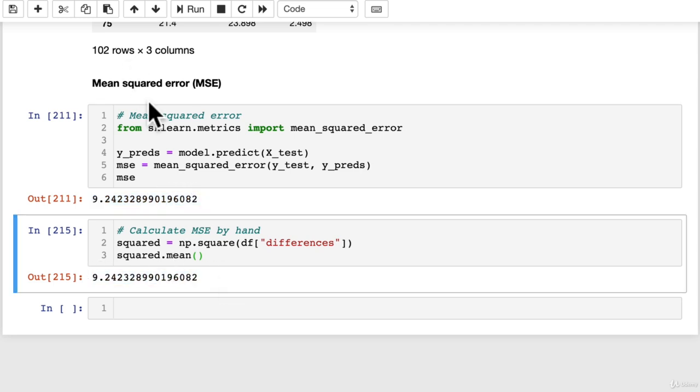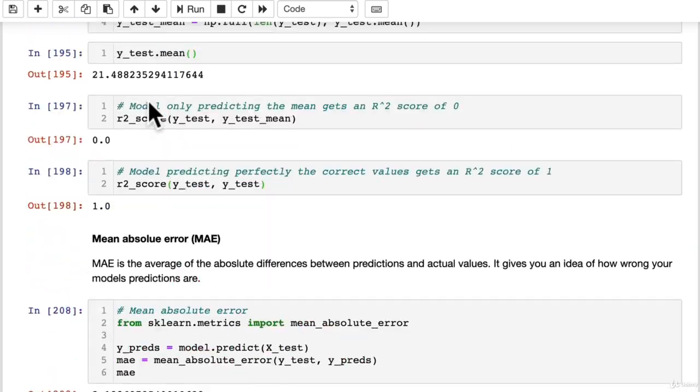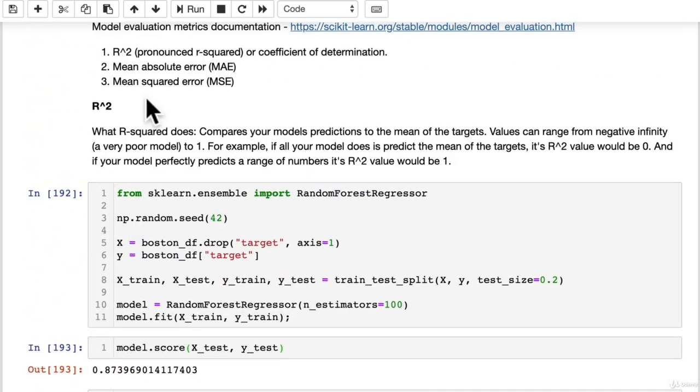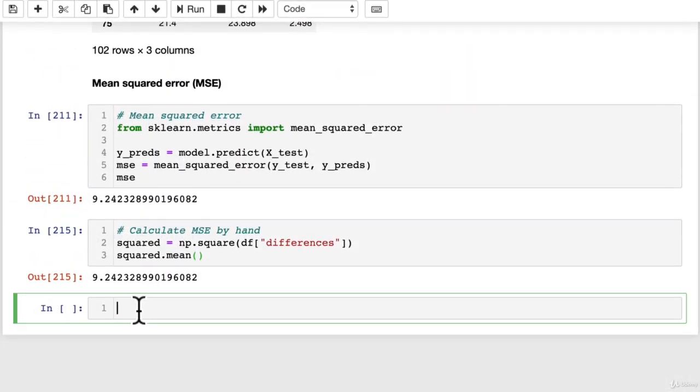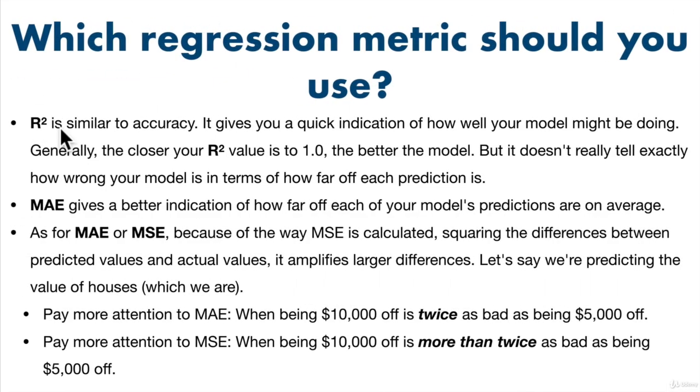That's it, right? We've covered mean squared error, we covered mean absolute error, and we covered R squared. Now, the next logical question is, and even if you aren't asking it, which regression evaluation metric should you use? So we'll come back to the keynote. R squared is similar to accuracy, right? It gives you a quick indication of how well your model might be doing. Generally, the closer your R squared value or coefficient of determination value is to 1, the better the model.